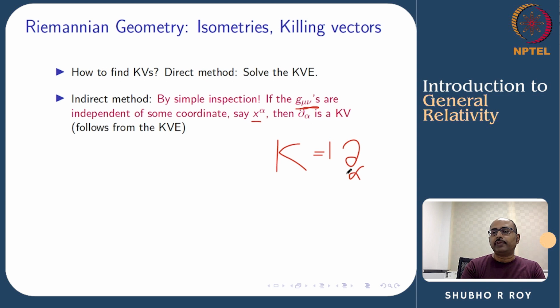Remember, del alpha is a basis and its component is 1, so that's why I didn't write it here. This is a vector. This is a Killing vector. You can check that this will satisfy the Killing vector equation, which is kind of obvious.